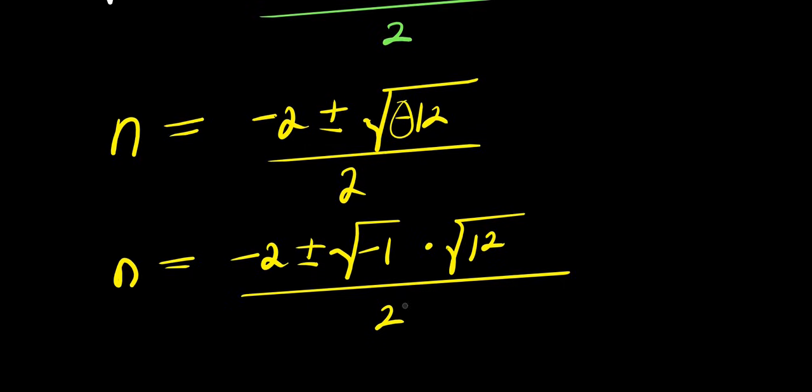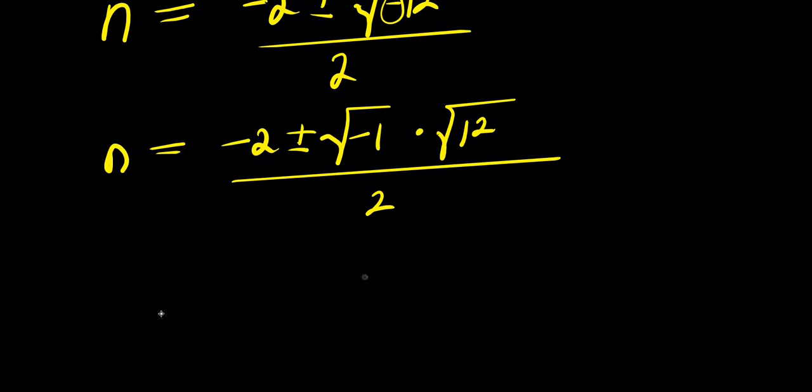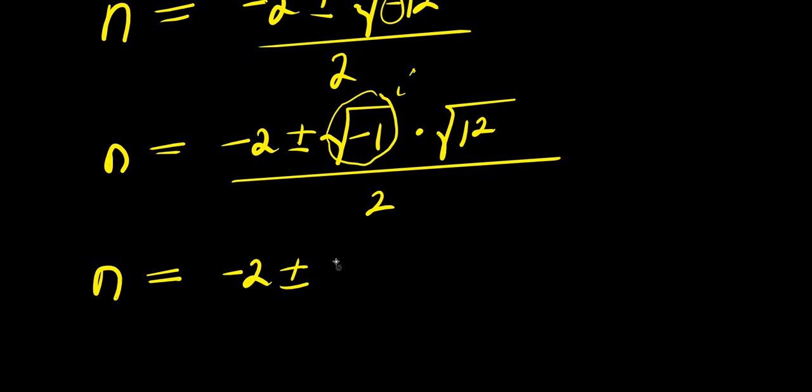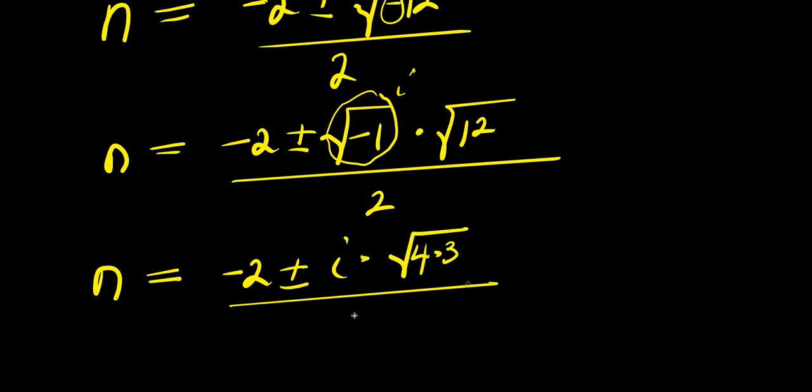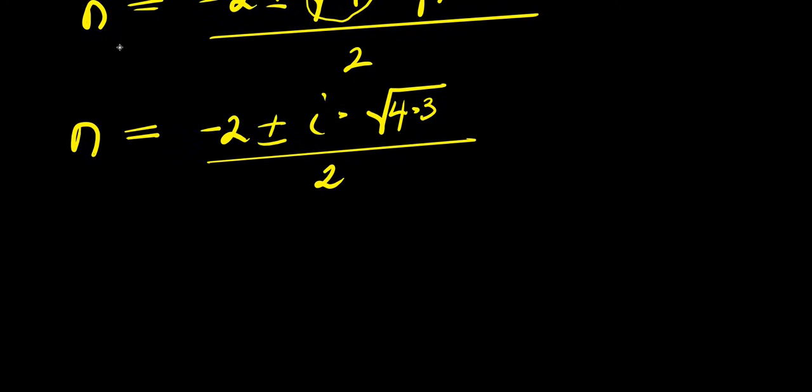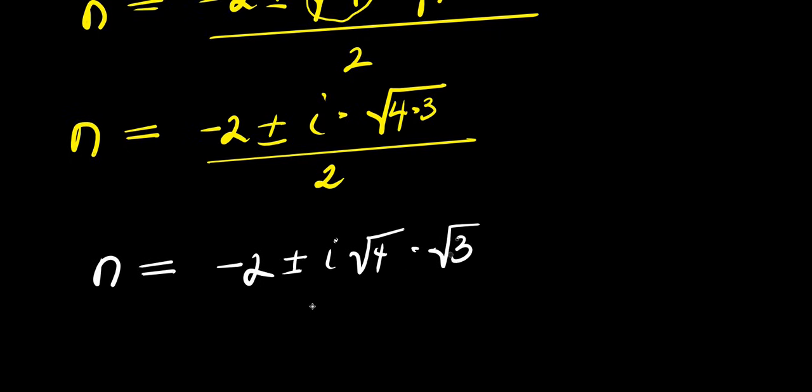Divided by 2 times 4. So from here, I will simply have n equals negative 2 plus or minus, this square root of negative 1 here is iota, that is i, times square root of 12, that is 4 times 3, divided by 2 times 4. So from here, I have n equals negative 2 plus or minus i times square root of 4 times square root of 3, divided by 2 times 4.